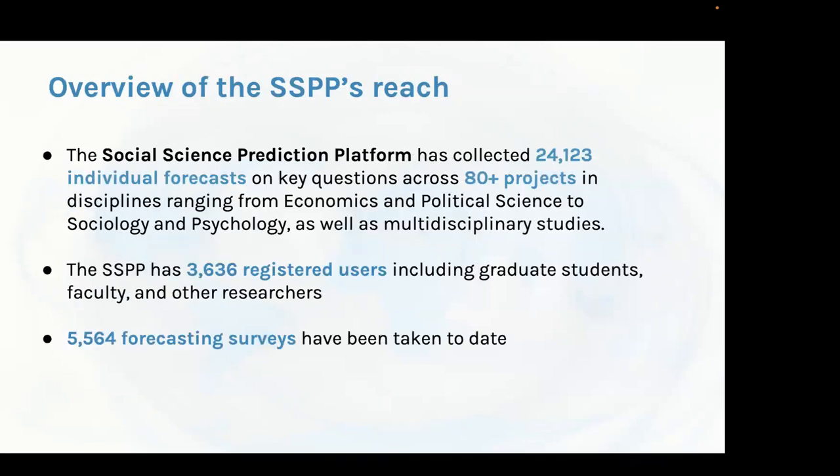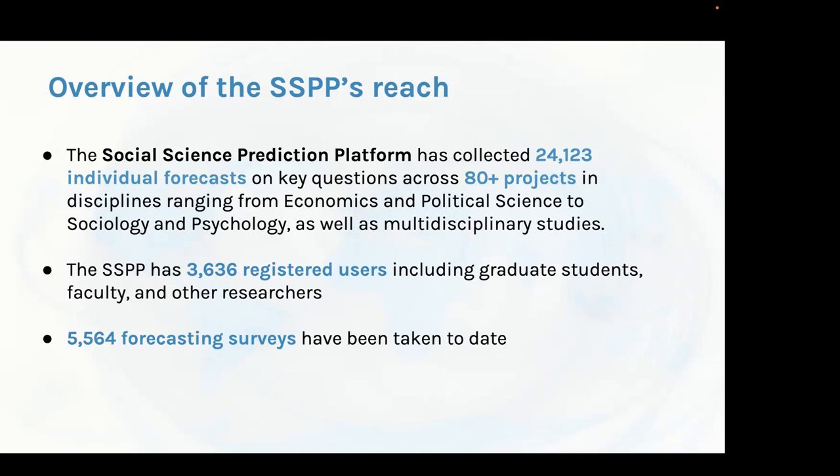Okay, so now that I have motivated you, or given you some examples of why we should collect forecasts and how we should collect forecasts, let me introduce you to our platform. So we have collected about 24,000 individual forecasts. We've been supporting project teams to upload their projects to collect forecasts on their studies.